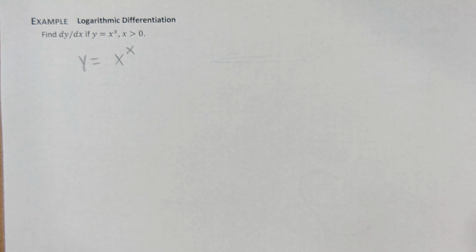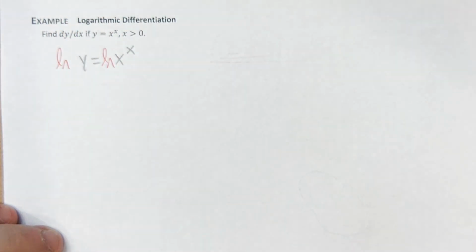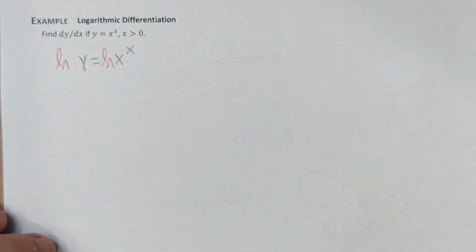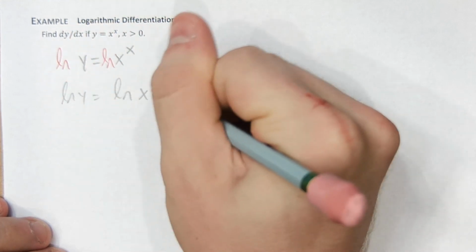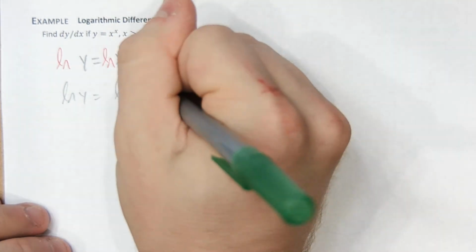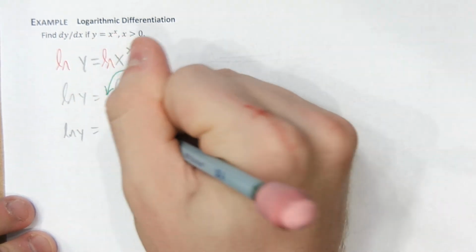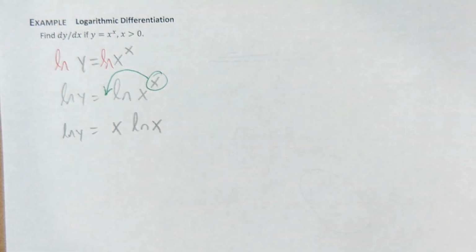So what I'm going to do is I'm going to find the ln of both sides. Because what that's going to allow me to do is use my old logarithm trick that says when you have an exponent in the argument, you get to move it to the front. So the ln of y is actually equal to x times the ln of x.